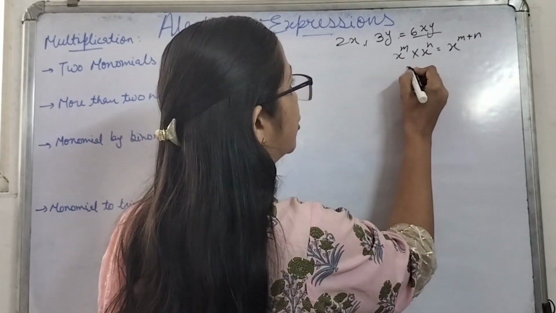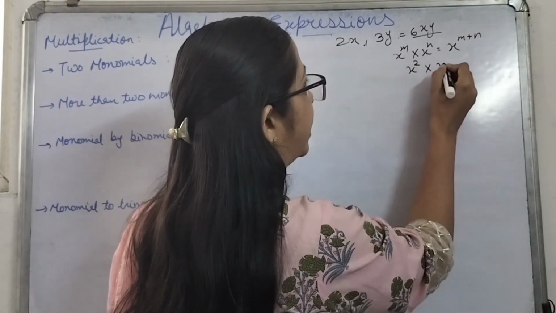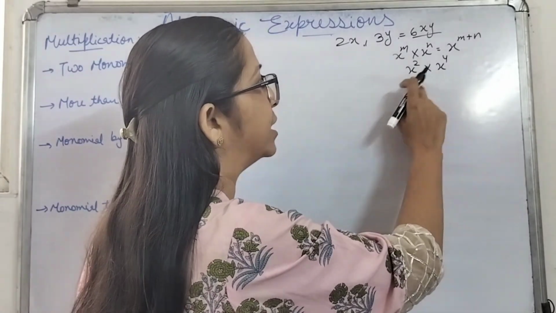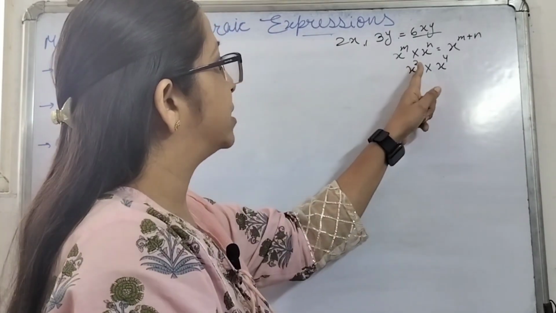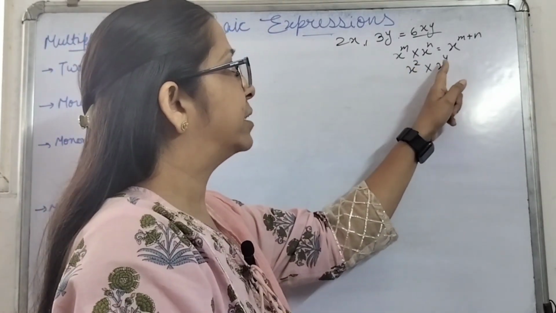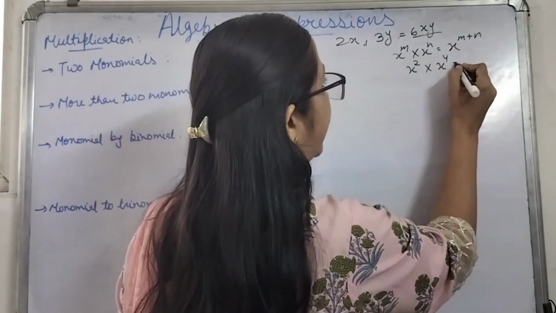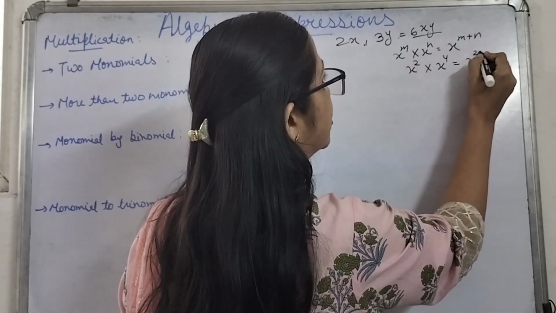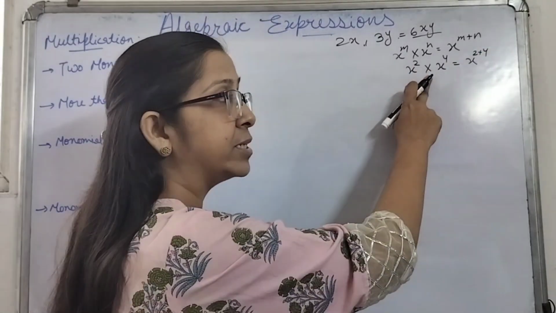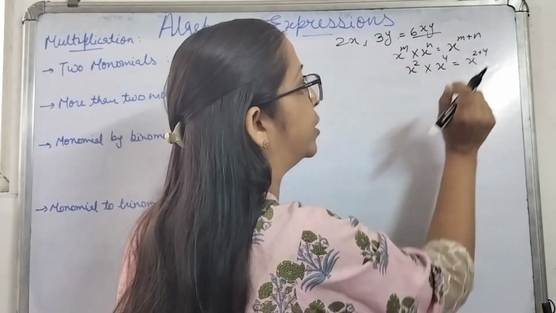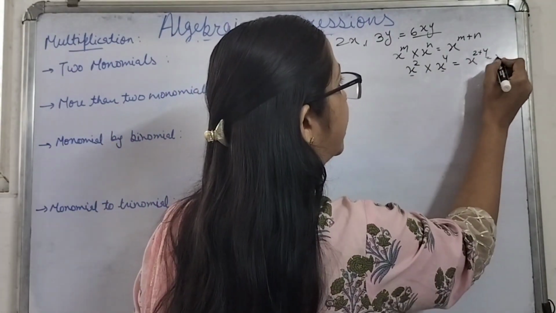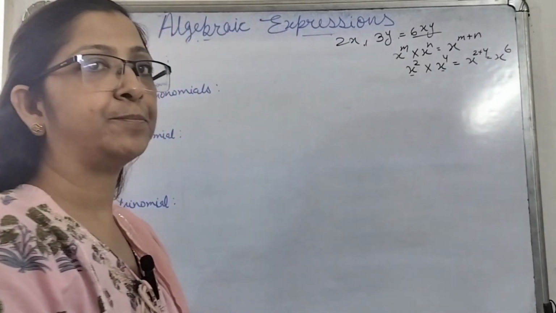Suppose I am saying x square multiplied by x raised to the power 4. Here we can see the bases are the same; one has power 2 and the other has power 4. So we will take 2 plus 4, because the multiplication sign is there in between, so the powers are added. This can be written as x raised to the power 6.